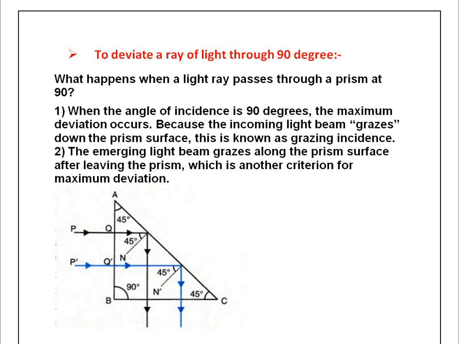So this is the deviation of a ray of light through 90 degrees. The question may come: what happens when a light ray passes through a prism at 90 degrees? This action of the prism is actually used in a periscope, where a total reflecting prism is preferred over a plane mirror. Clear? So this is the first topic.